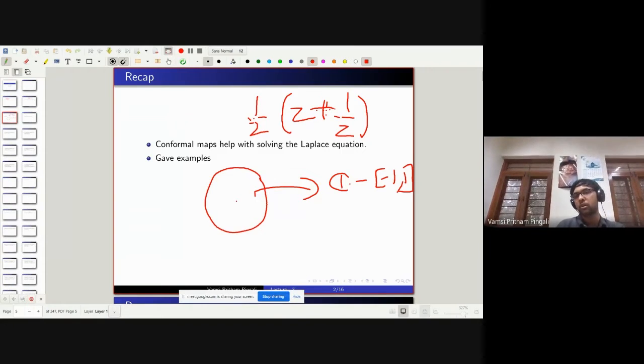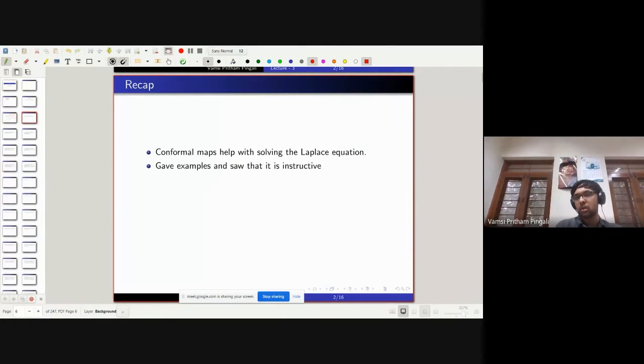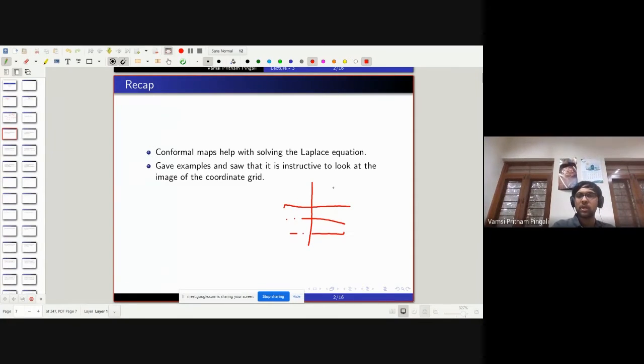This was the weirdest one, but we looked at several examples. We saw that in order to sketch the image of these maps, it is instructive to look at the image of a coordinate grid, as in you can look at what happens when x is constant and y is constant, or you can look at polar coordinates when theta is constant or when r is constant, and see what happens to these things.